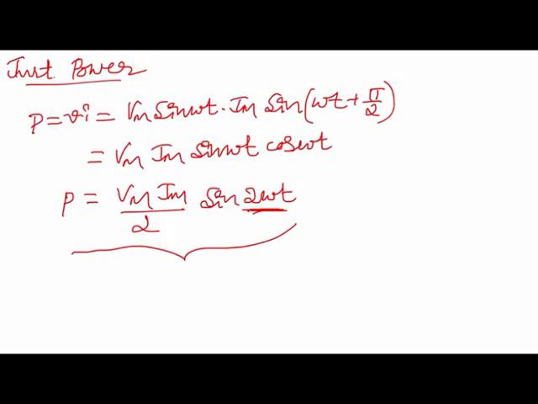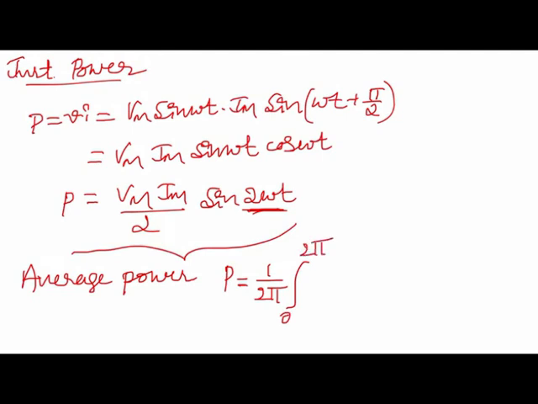Let us indicate this in the waveform. Before that, let us calculate the average power, which is indicated by a capital letter P. Average power for one complete cycle: the limits are 0 to 2 pi, and the base is 1 by 2 pi. We need to integrate the instantaneous power with respect to omega t, and we will get the average power.